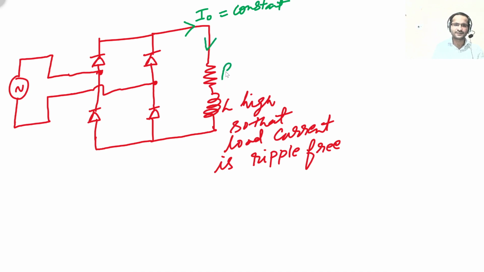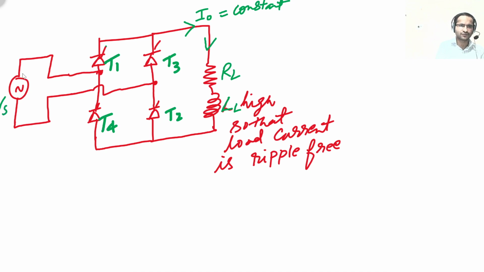So we have a resistor and one inductor here, and these are the thyristors T1, T2, T3, T4. At the input side we have the source voltage.